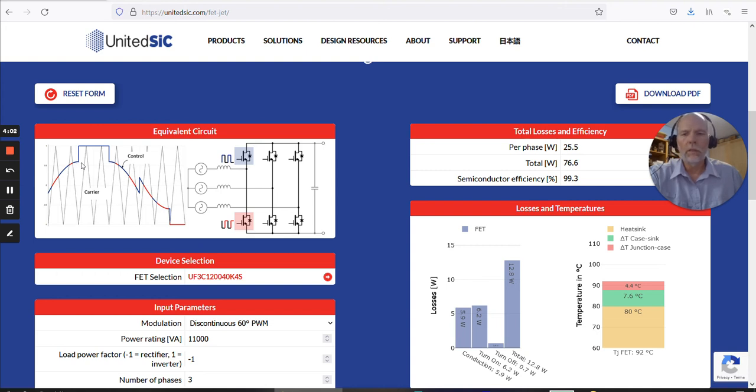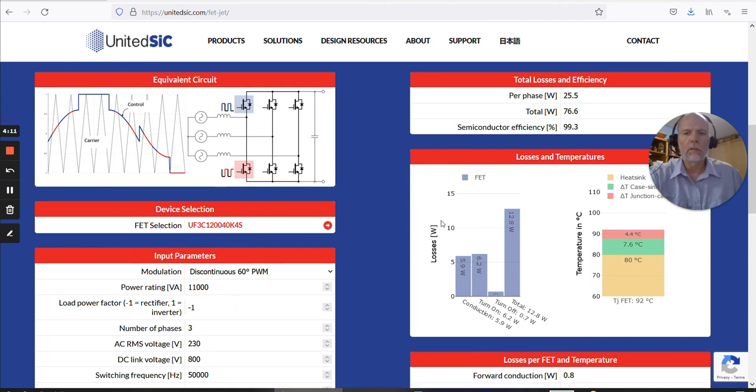It will slightly increase your conduction loss in the FET that's on. It's going to have a little higher loss, but the reduction in switching loss typically outweighs that by quite a bit. So this is very useful, especially if you're operating near unity power factor, either +1 or -1 power factor.